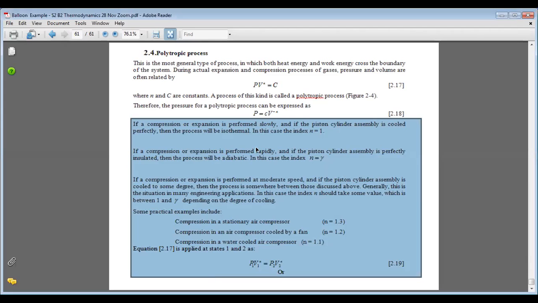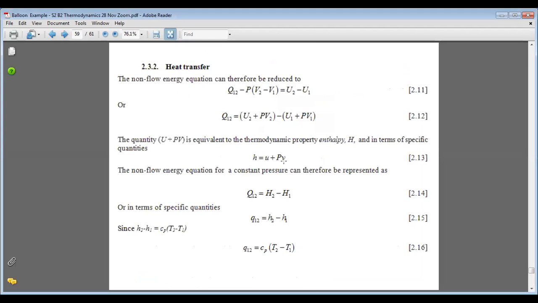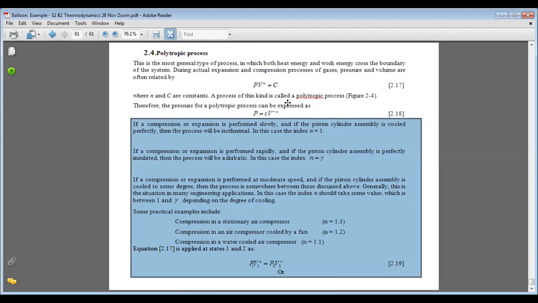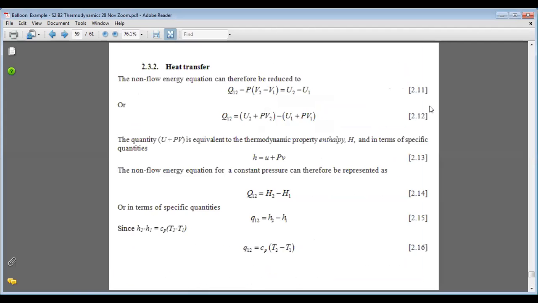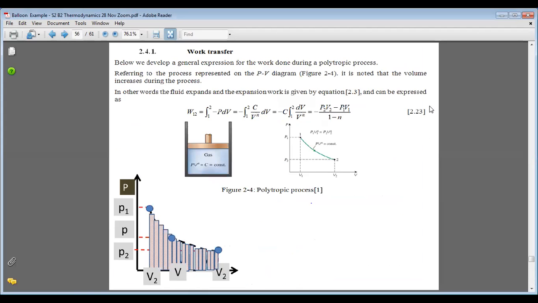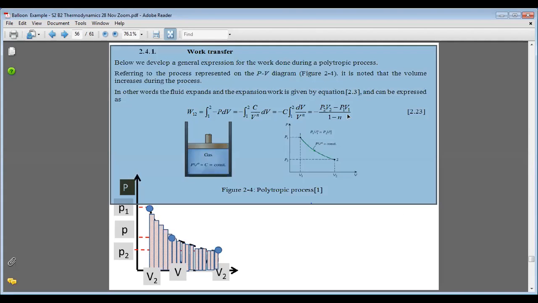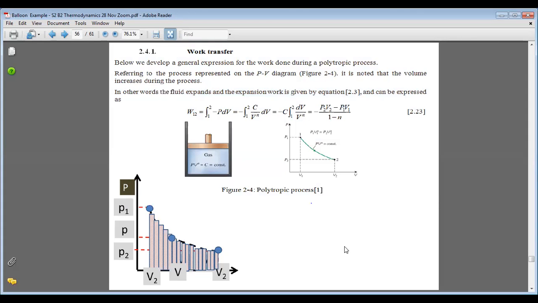If you see the expressions, you may notice the expression of n in the work transfer.